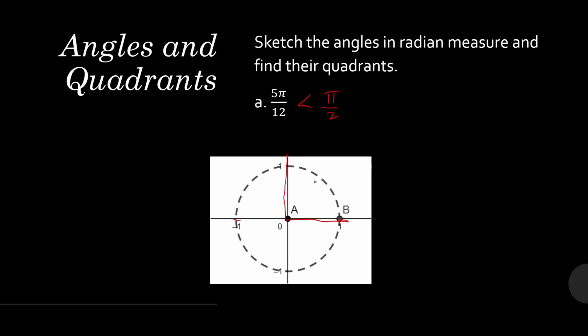So what we do is we divide it into 6 equal parts: 1, 2, 3, 4, 5, 6. So we divide pi into 12 equal parts, and then we will occupy 5. That is the endpoint of our arc, and then we will draw the terminal side of our angle. So that is our angle whose radian measure is 5 pi over 12, and it is in the first quadrant.